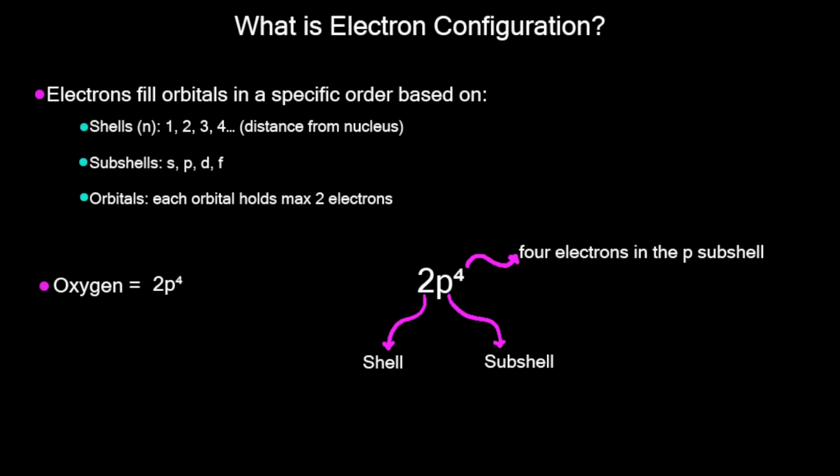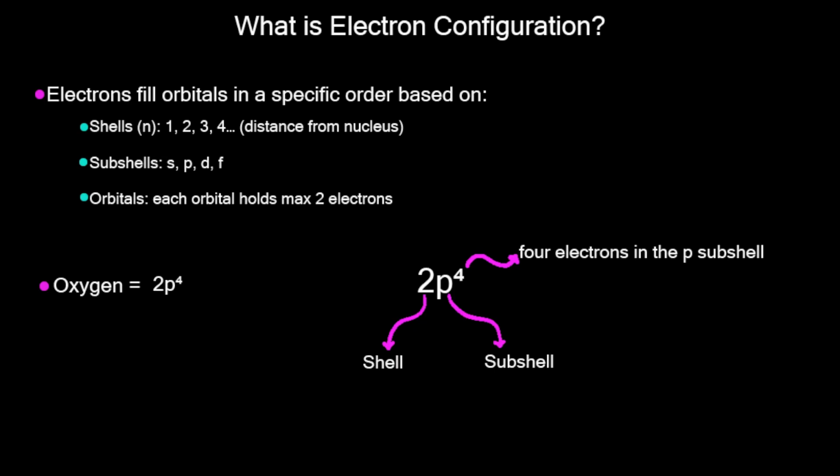When it comes to electron configurations, I want you to think of it as the address system for electrons in an atom. Electron configurations describe how electrons are arranged around an atom's nucleus, specifically which energy levels, sublevels, and individual orbitals the electrons occupy.